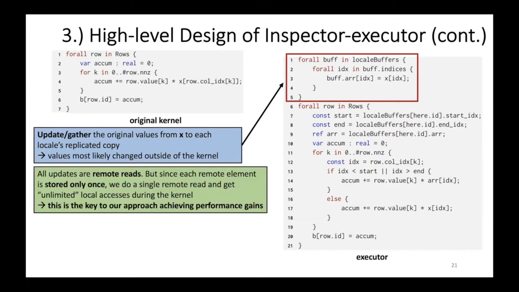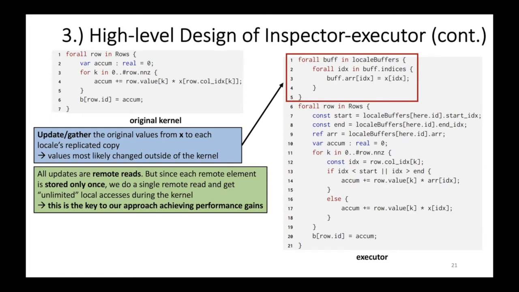Another thing to note is that these are all remote reads, since clearly we're only replicating remote values. But since associative domains automatically ignore duplicates, we only store each remote value once, regardless of how many times it's actually accessed. So this is really the key fact of why we can get performance with the optimization. We can amortize the cost of a single remote read in this update routine with multiple local accesses during the kernel.